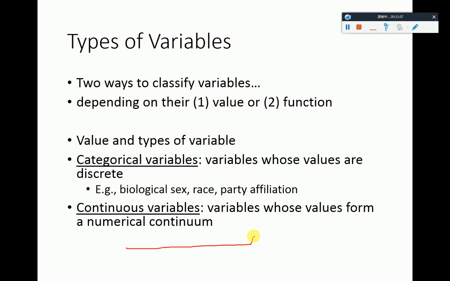It makes sense, in other words, to place this variable on a scale and arrange their values in order. And in a very technical sense, all these values are so dense that you can imagine that different values are infinitely close to each other. So in this sense, we say they form a numerical continuum.